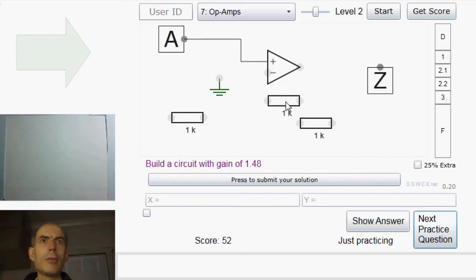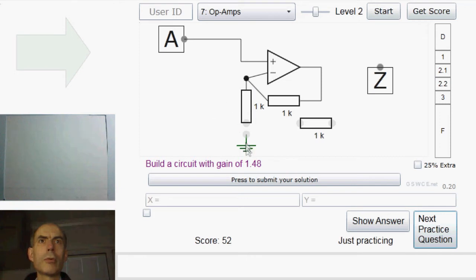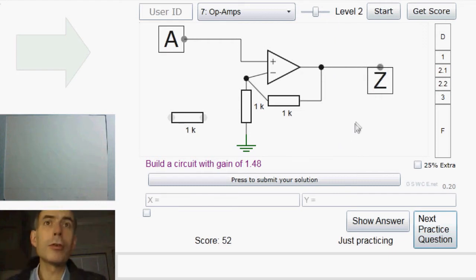And I need a resistor there and another one from here, and that resistor goes to ground. That resistor I don't need. Output comes from there. Okay, that's the standard form of a non-inverting amplifier.